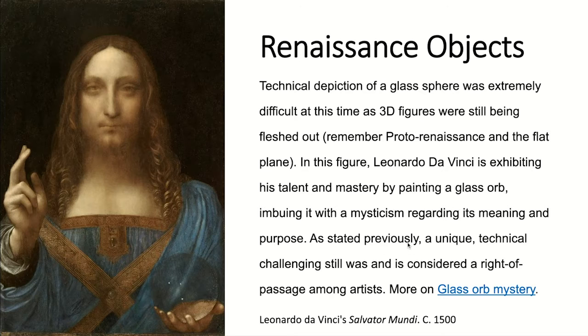As stated previously, the unique technical challenge still was and is considered a rite of passage among artists. If you want to read more, you can go to this website on the glass orb mystery. This is Leonardo da Vinci's Salvator Mundi, circa 1500.